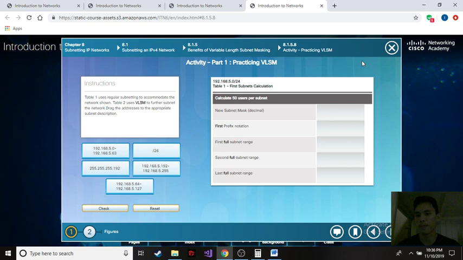Here's the given IP address and the user per subnet, 50 users per subnet. The first question here is the new subnet mask, so we're going to determine it. Our given users per subnet is 50.